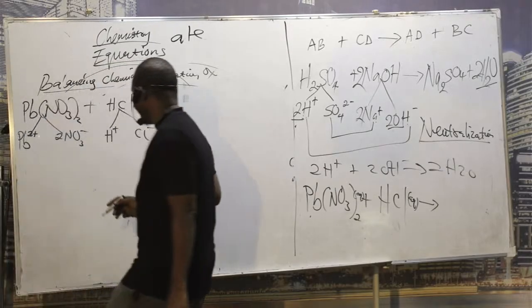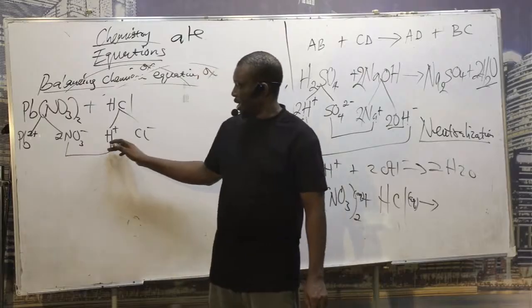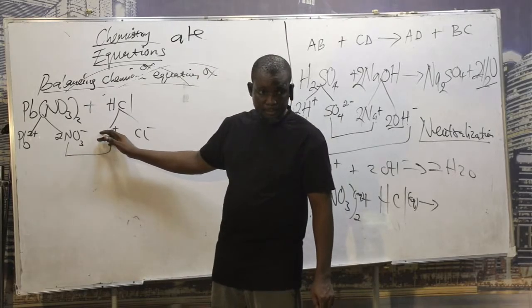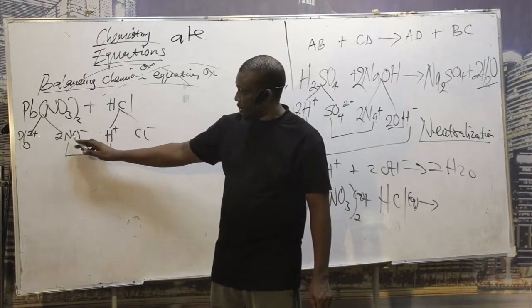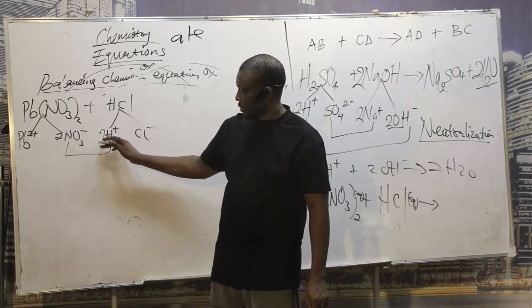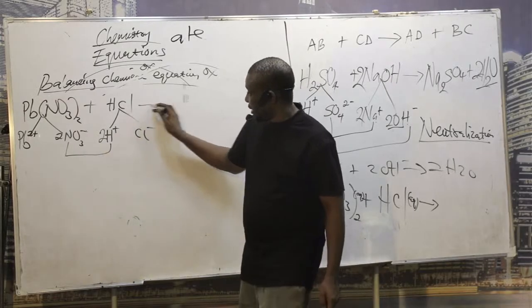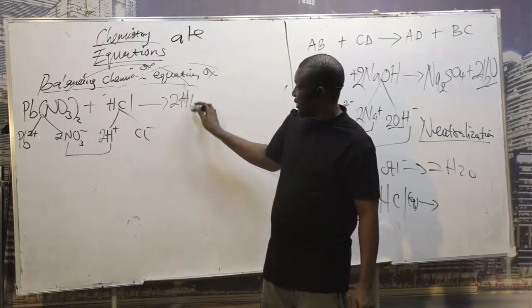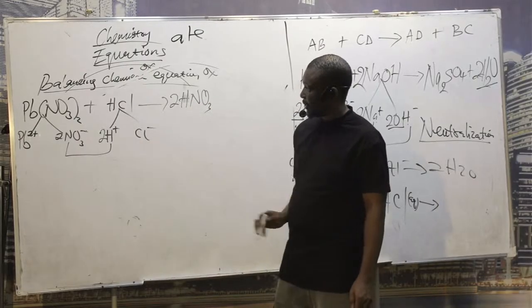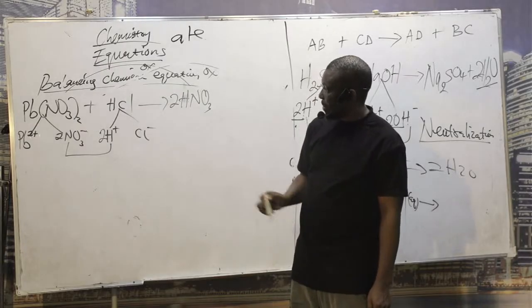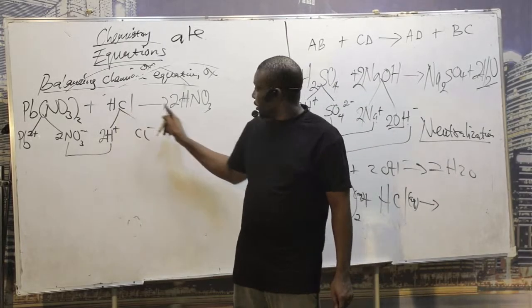What are we combining? You know you're putting 2 here. This is minus 2, this is plus 1. So what is going to come out? 2HNO3. But mind you, H is only 1, but it's already 2 here.